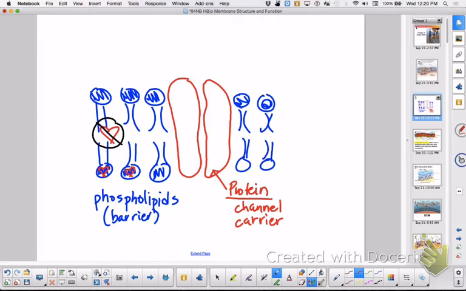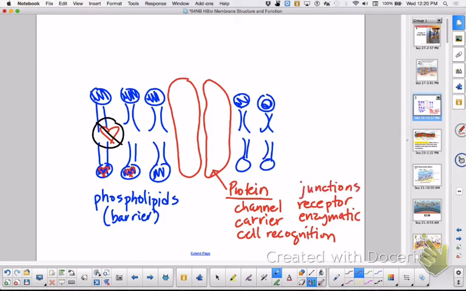So we have channel, carrier. What else do you want to tell me? Cell recognition. What else? Enzymatic. Receptor. What else? Enzymatic. And what else? Junctions. Are we good on that?